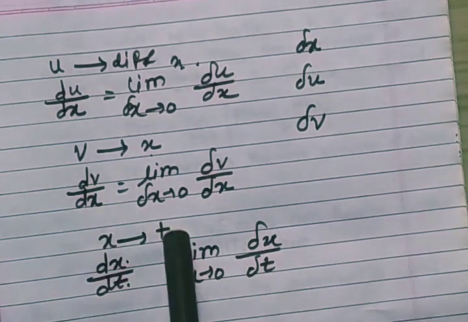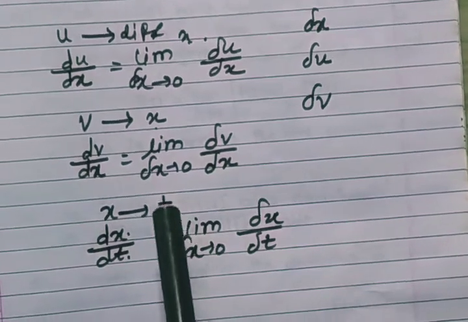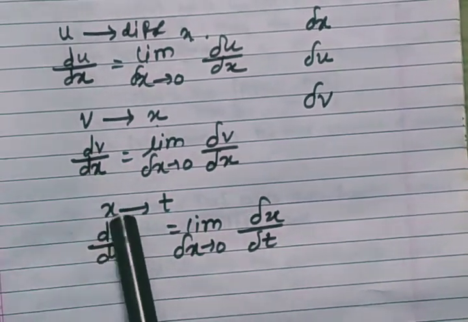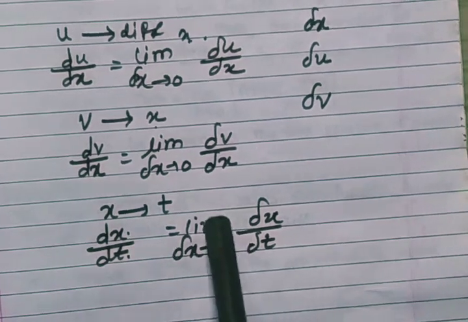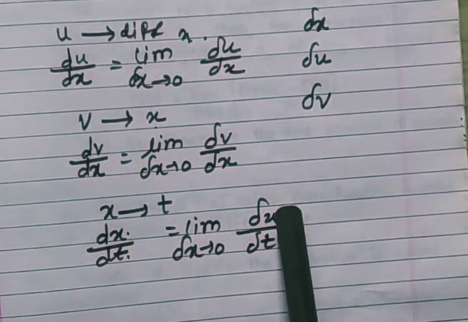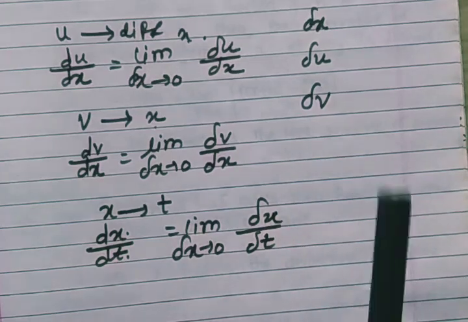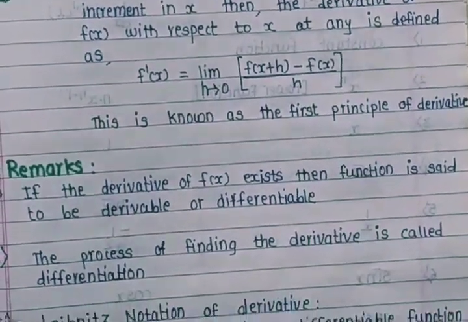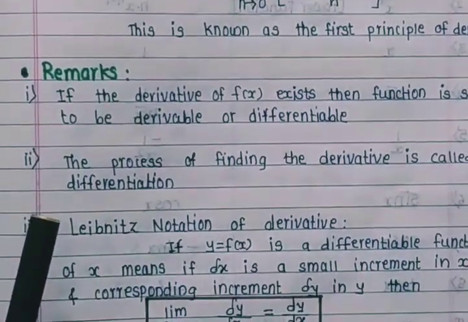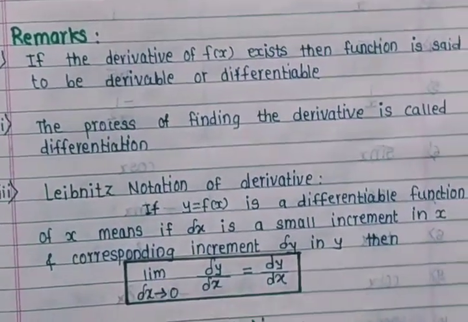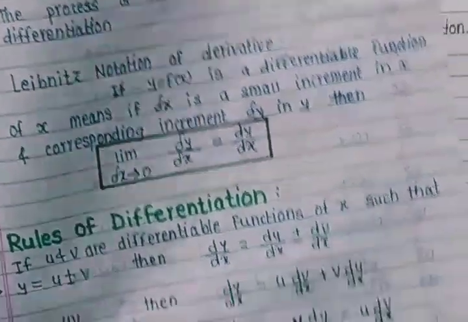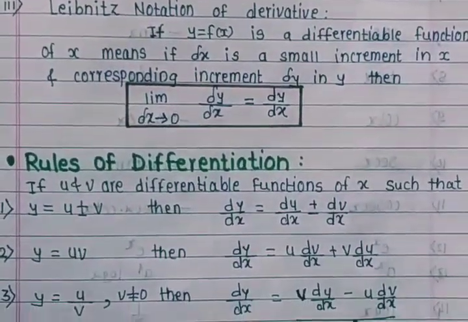Suppose x is a differentiable function of t, then derivative of x with respect to t exists, dx by dt is equal to limit delta x tends to 0 delta x divided by delta t. So this is the Leibniz notation of derivative. This can be used to prove theorems in this chapter. Now we will recall some rules of differentiation.